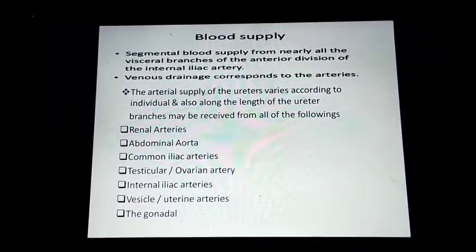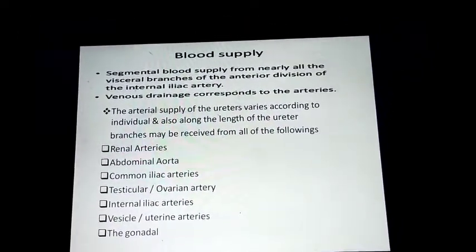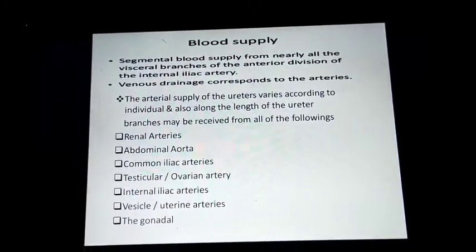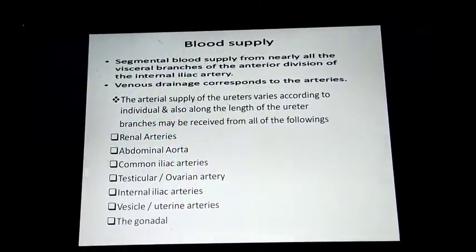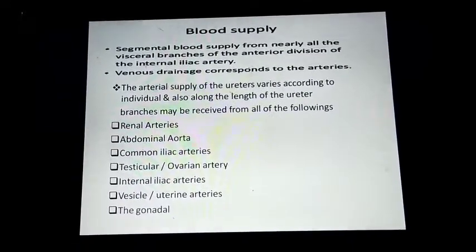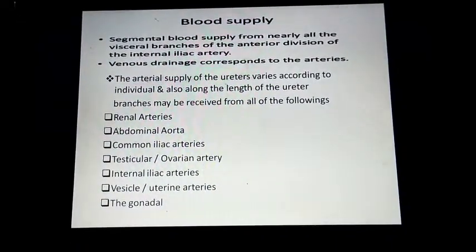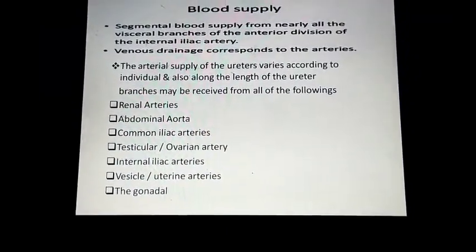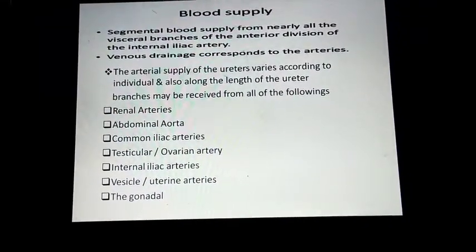First, at the renal pelvis and upper part, that is the renal arteries, then branches of the abdominal aorta, then branches of the common iliac artery, then the ovarian or testicular, that is the gonadal arteries, then the internal iliac artery, then the vesical arteries or uterine artery.